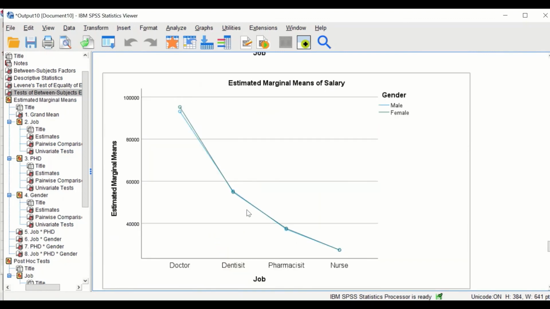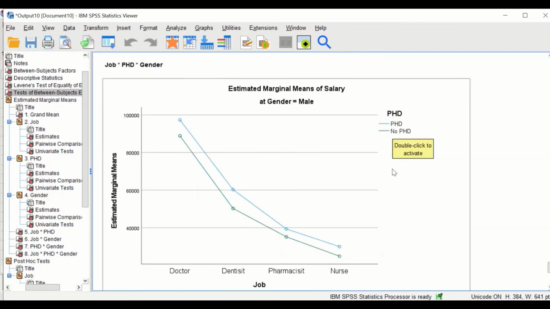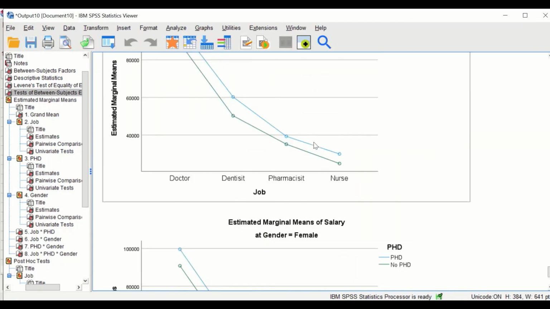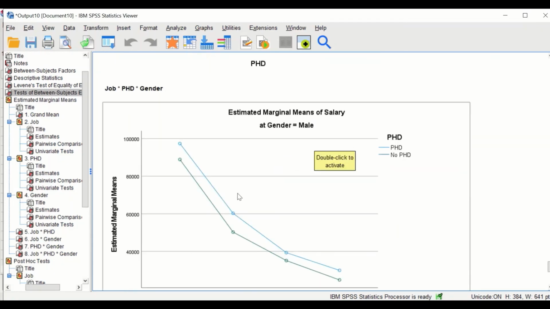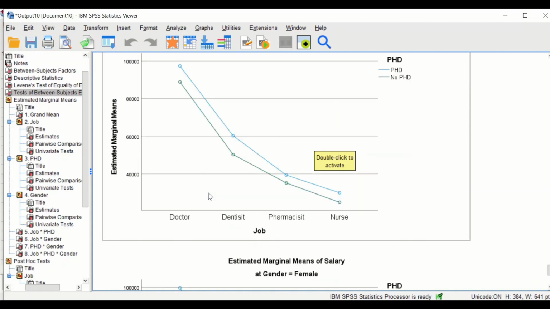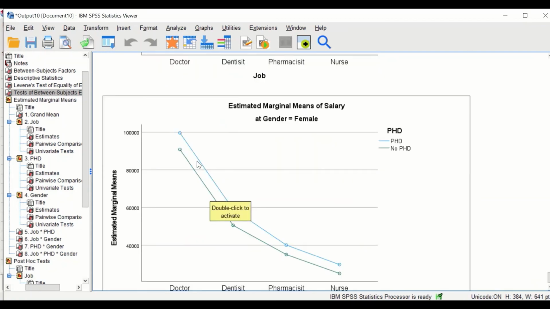The next plot shows that gender has no influence on the salary earned. And finally, the interaction between having a PhD and a job, and whether you are a male or a female. It shows here that those who have a PhD have higher salary compared to those who do not, and similarly for the female.